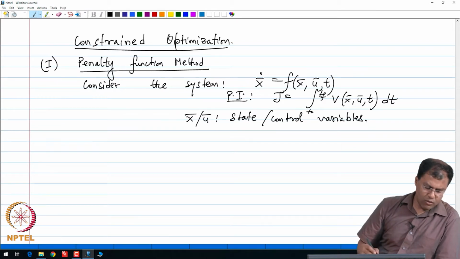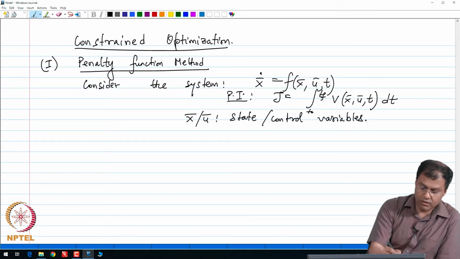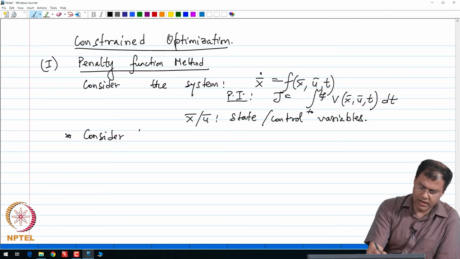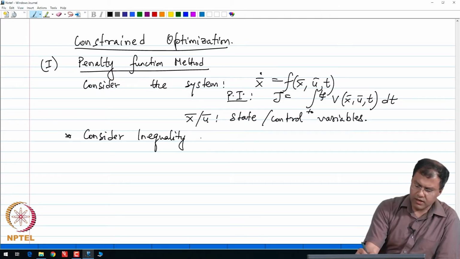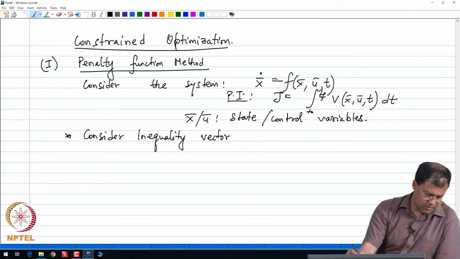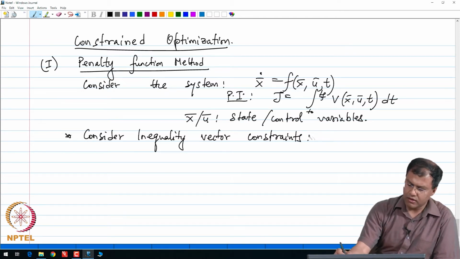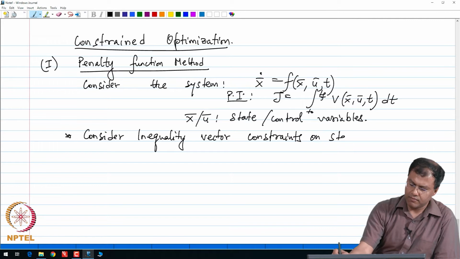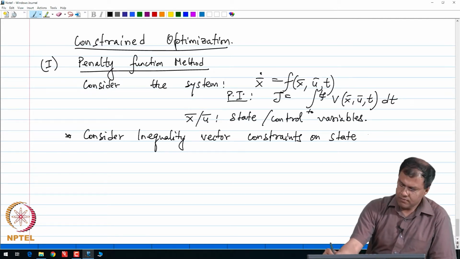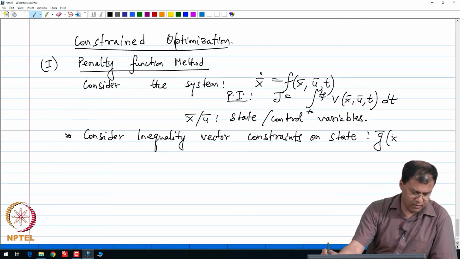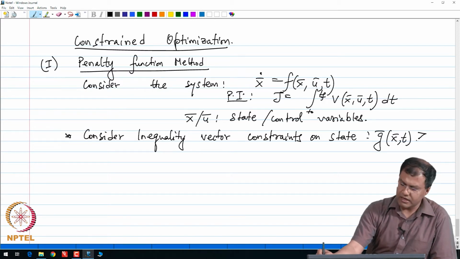Now we look at some inequality constraints. Let us say vector constraints on state variables: g bar of x bar comma t is greater than or equal to 0.